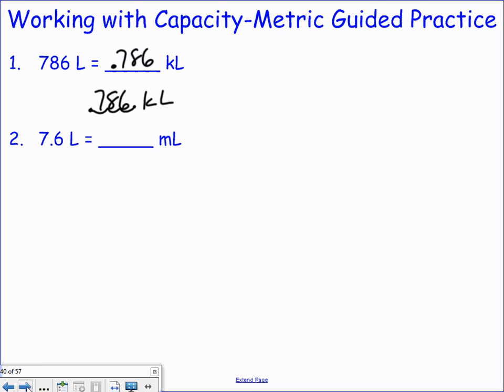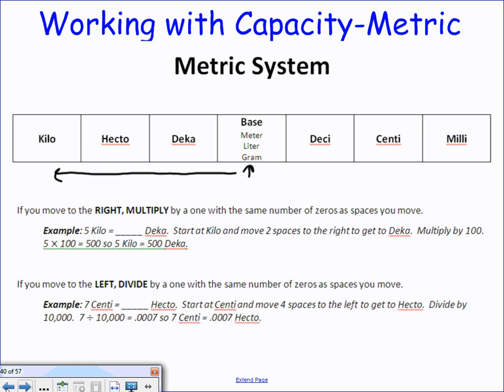Okay, my next one here, I have 7.6 liters. I need to change that to milliliters. Again, if I go back to my chart, we are going from liters to milliliters.